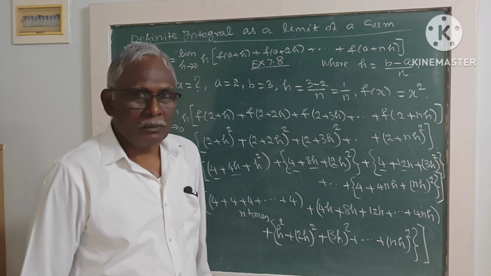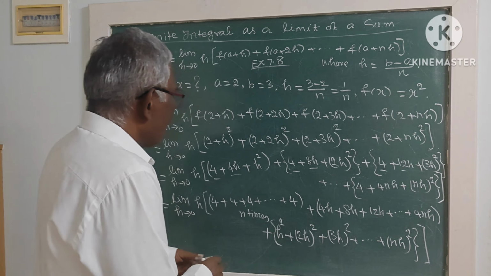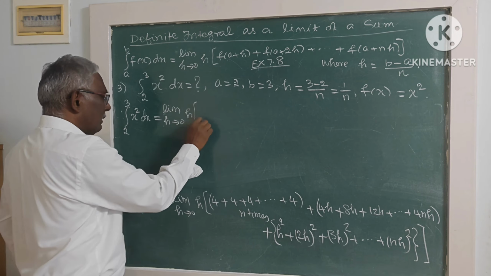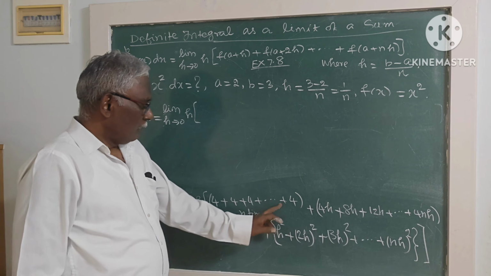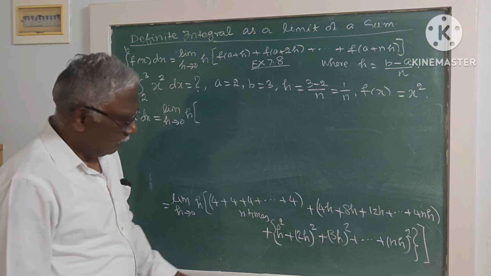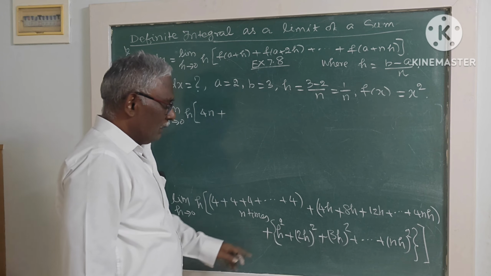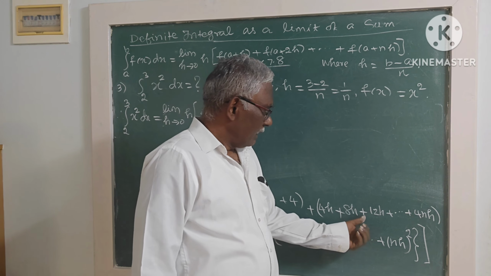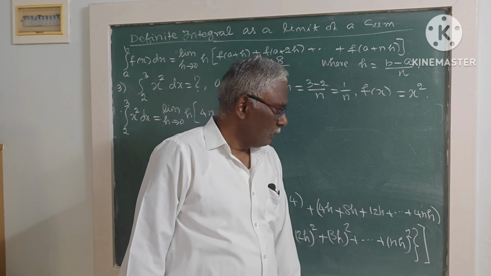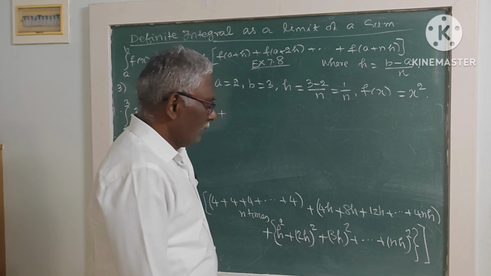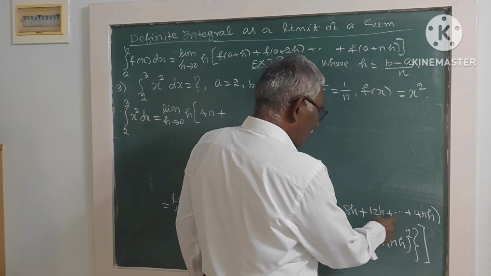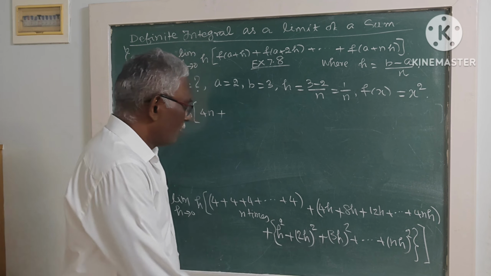We know the value of sigma n square. 4 plus 4 plus 4, n times. What will come? 4n. Plus, in this 4h plus 8h plus 12h plus etc. up to 4nh is there. So we'll take 4h commonly outside.